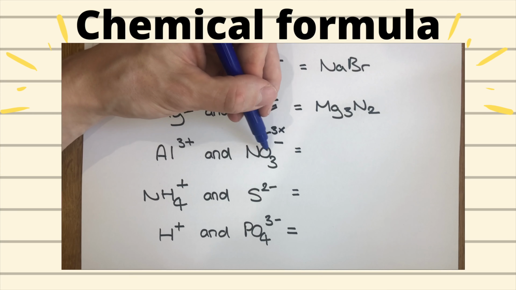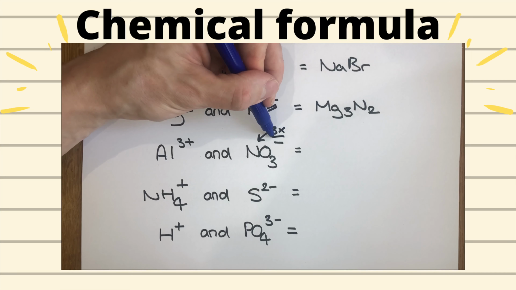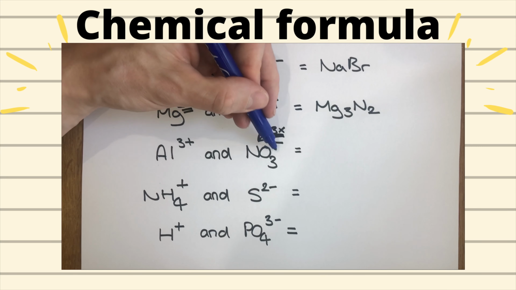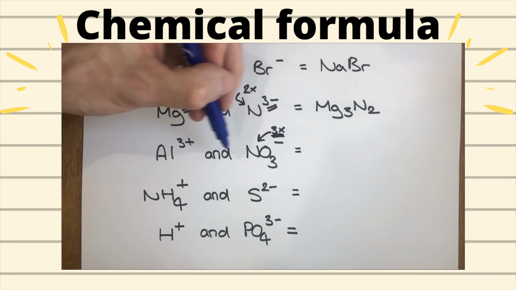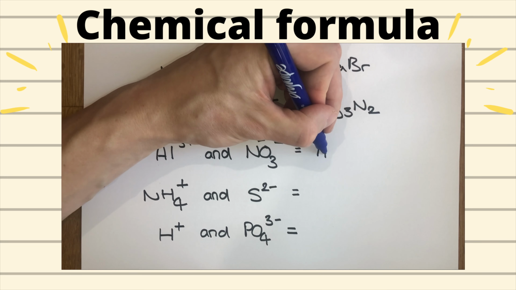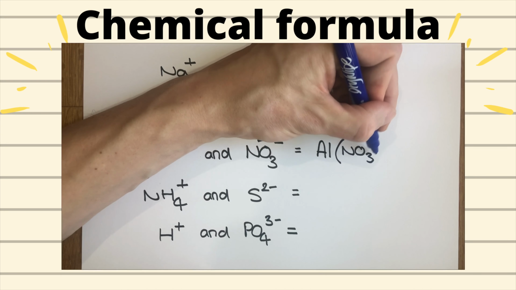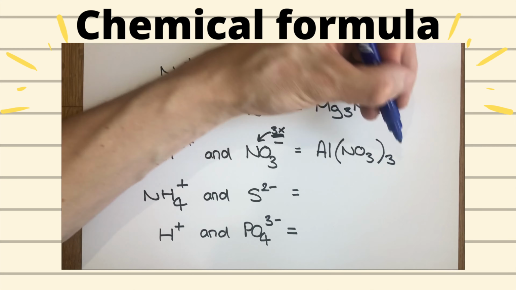So whenever I have that kind of instance and I need a multiple of it in a chemical formulae, for example here I'm going to need 3 of it, I need to put this ion in brackets. So for example, my formula over here is going to be Al(NO3)3.